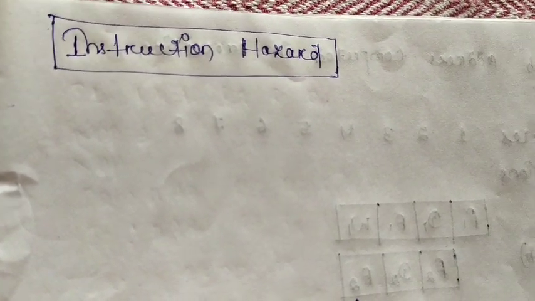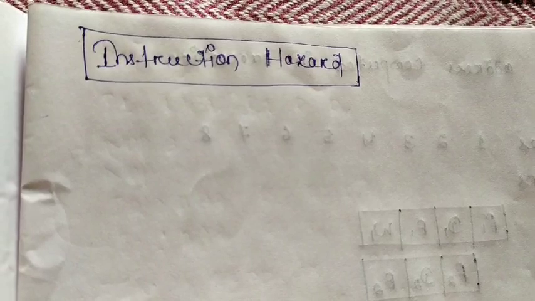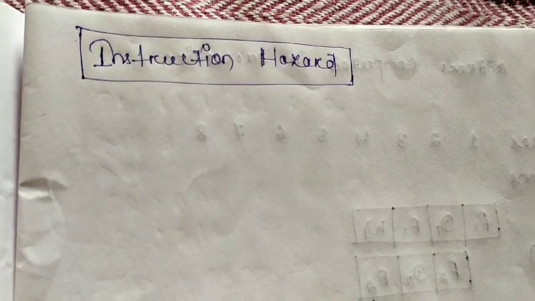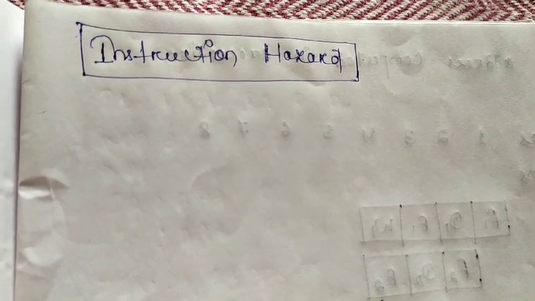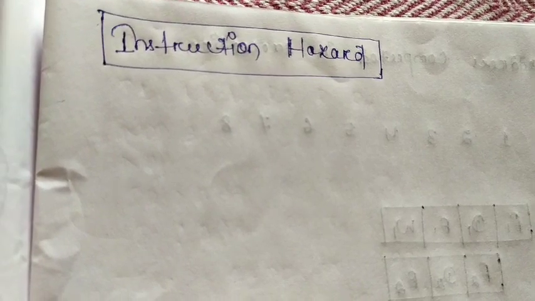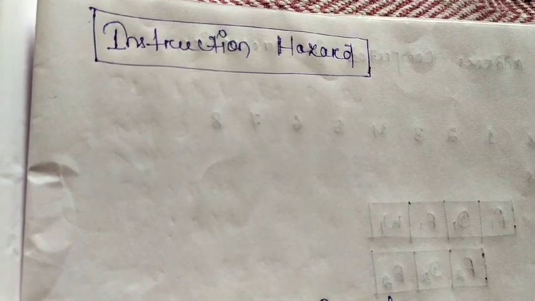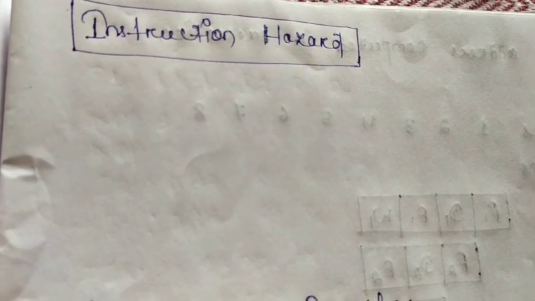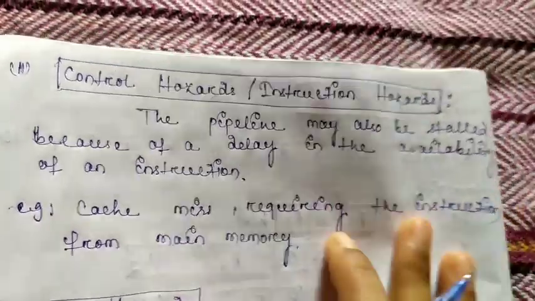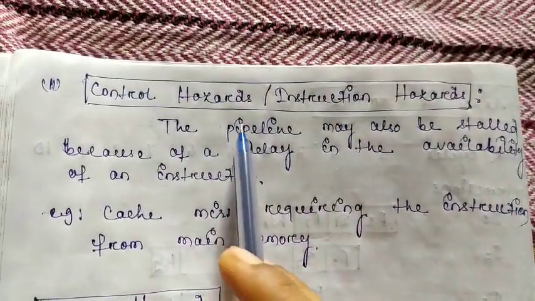Okay. So instruction hazards are basically caused by a cache miss. I have told you in the previous lecture about instruction hazard. Here, it is otherwise called a control hazard.